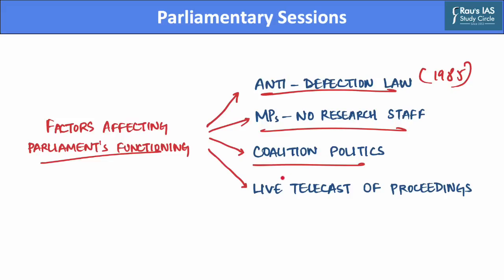Further, the parliament has been opened up for live telecast, and this has increased the incentives for groups of MPs to grandstand on issues, because they know very well that these issues will be widely covered in the media, even beyond the live telecast of the proceedings. Hence, these factors have negatively affected the functioning of the Indian Parliament.